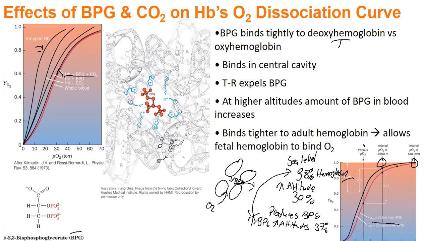So that's why if you're climbing Everest, for example, you climb up a little bit, then climb back down, climb up a little bit and climb back down. Basically, you're allowing your body enough time to make BPG to get used to that altitude and lower oxygen.